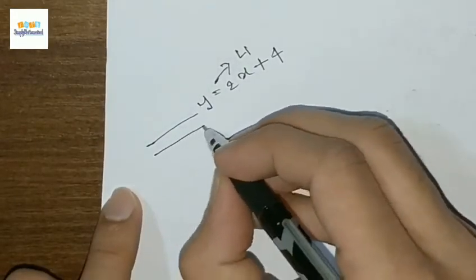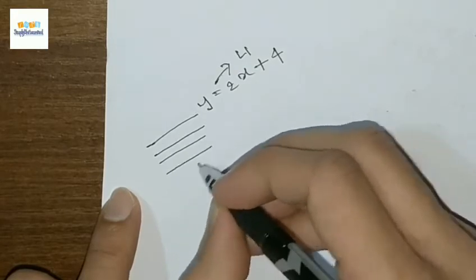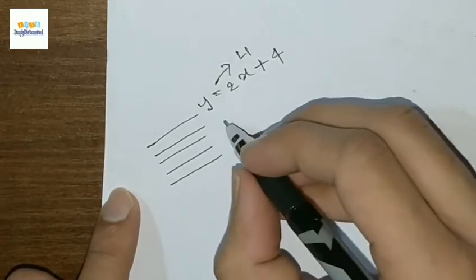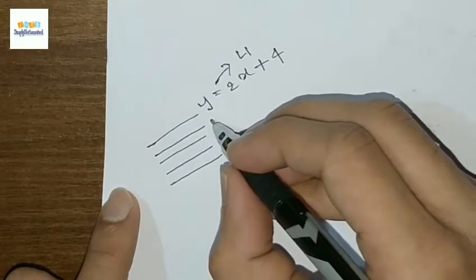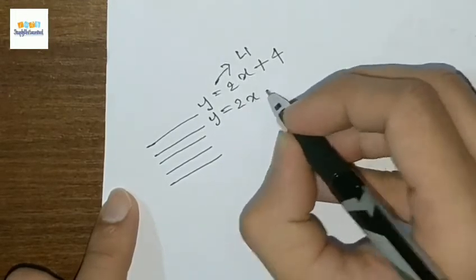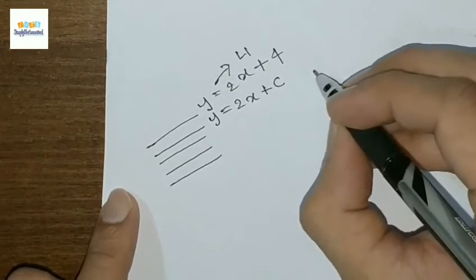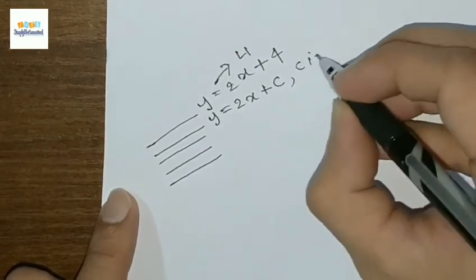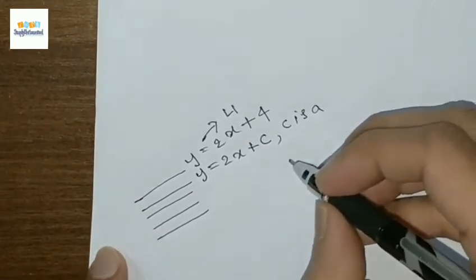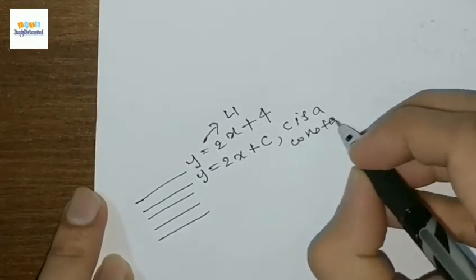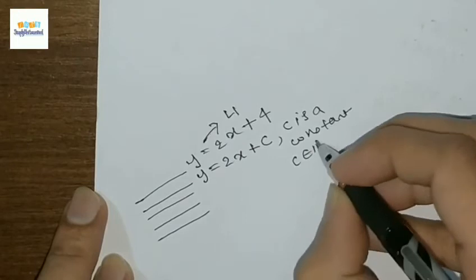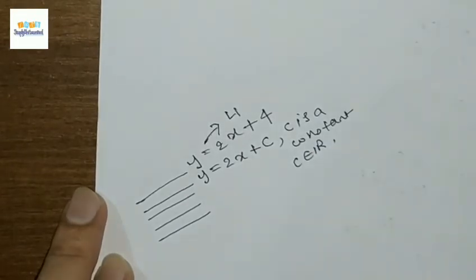So if you take all the lines which are parallel to the line L1, you know that the equation of the lines will be y equal to 2x plus c, where c is a constant, c belongs to the real numbers.